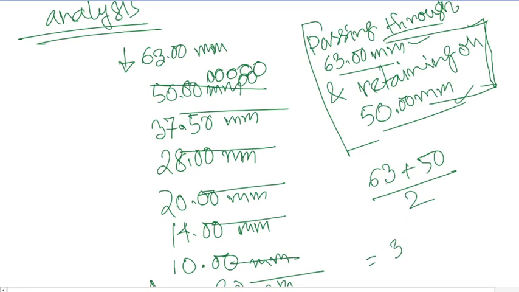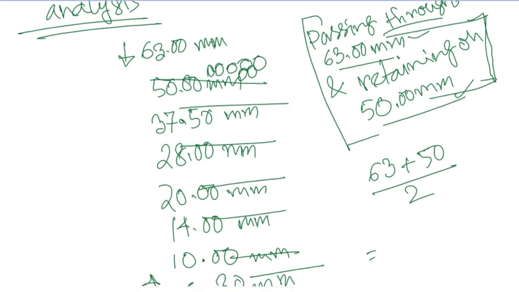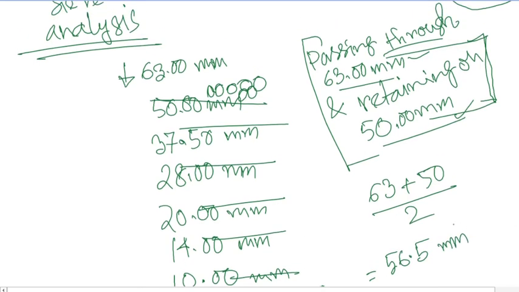Let's calculate: 63 plus 50 divided by 2 is 56.5 millimeter.